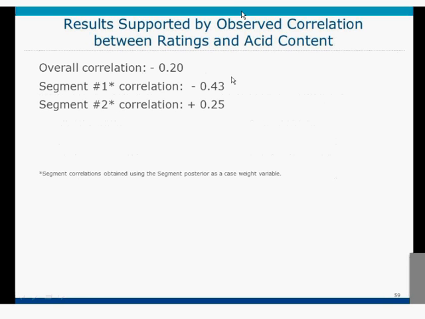Therefore, if such a thing is occurring in a model and you don't take that into account, it's possible that you lose the most important predictor because they would cancel each other out.